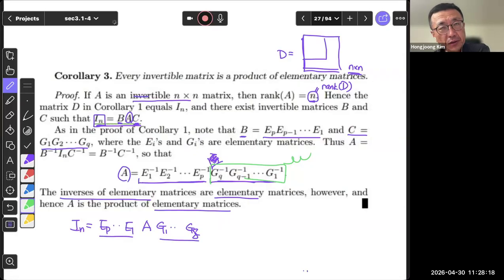But in practice, if my A were an invertible matrix, then I can obtain the identity matrix by performing the elementary row operations only. I do not need elementary column operations.